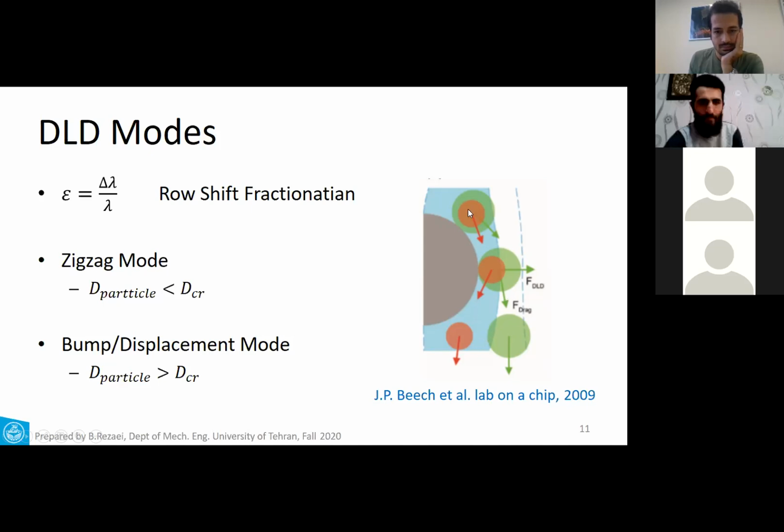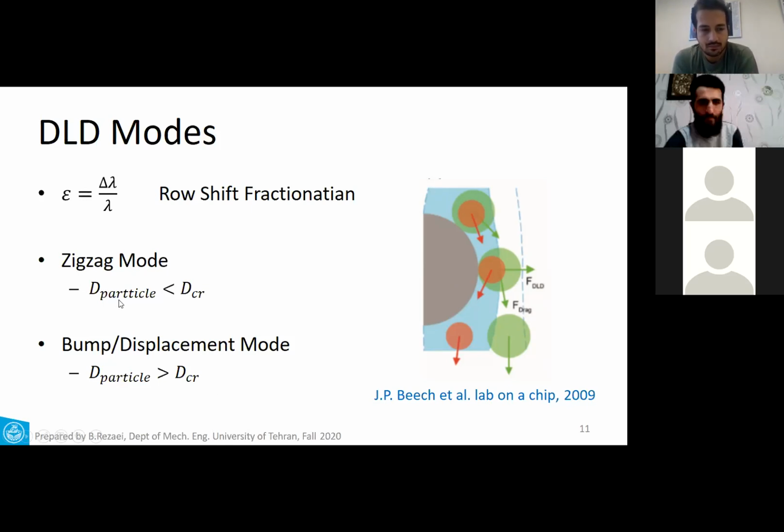But if they're big enough, larger than some critical value, like the green ones, you can see that when they reach the post and have contact with the pillars, they change their path and go from lane 1, which is colored in blue, to lane 2, which is not colored. So we have 2 fundamental modes of movement in DLD.